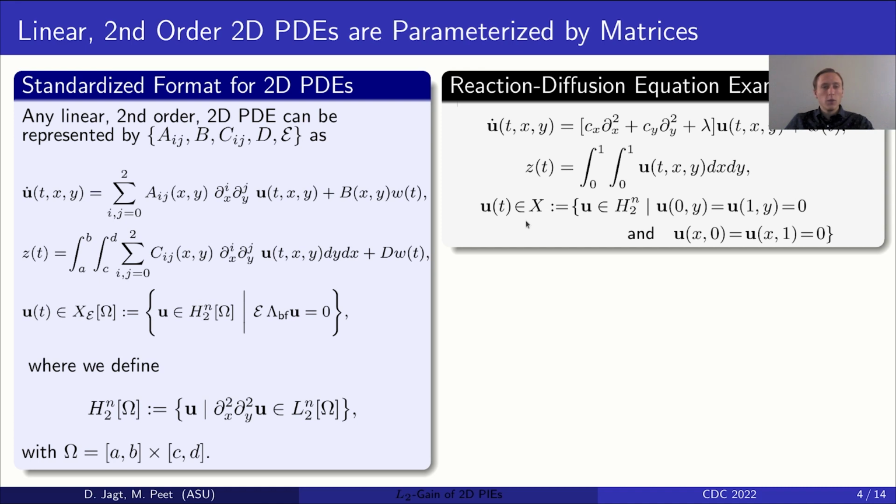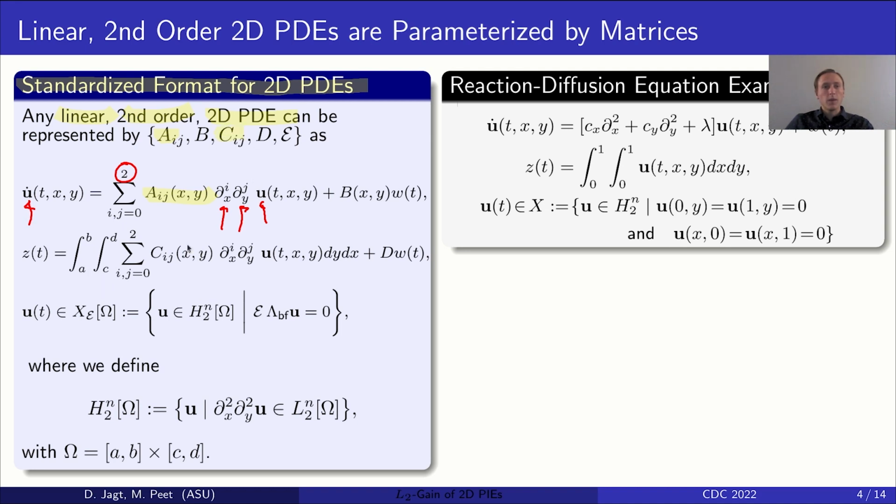And in order to do so, we will first look at what our partial differential equation actually looks like in 2D. So we note that any linear second order 2D PDE can be represented by a bunch of matrix-valued functions. So for example, we have these functions a_ij here, describing the contribution of each allowed derivative of our state u up to second order to the PDE dynamics.